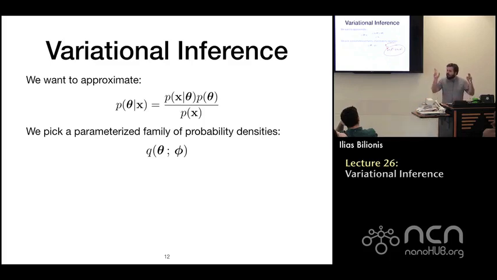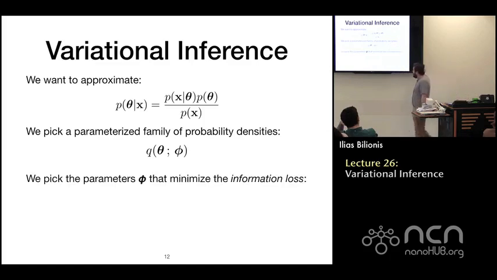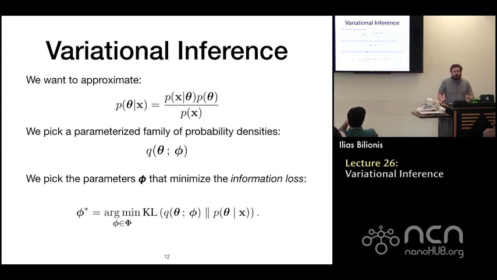How do we define closeness between two distributions? We define it by the information loss, which is a concept from information theory. It's called, we're going to talk about this quantity in a while, the Kullback-Leibler divergence between Q and P. You can interpret it as the information loss you incur when you change the truth for the approximation.